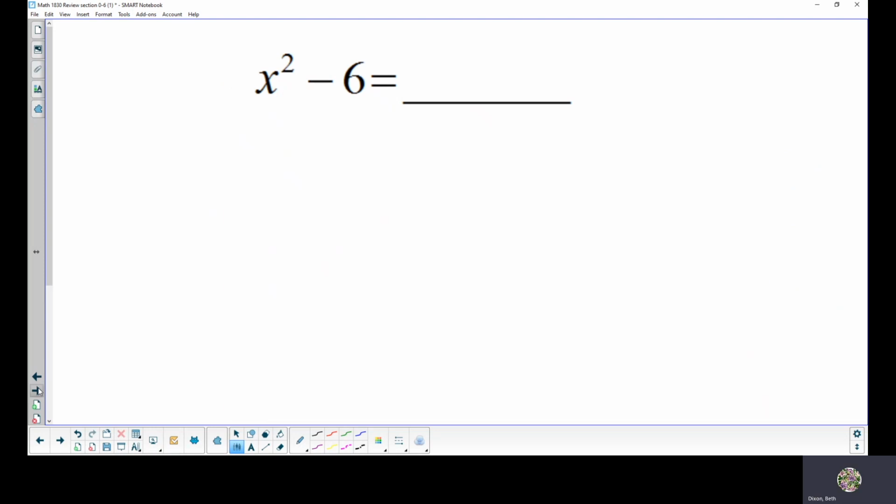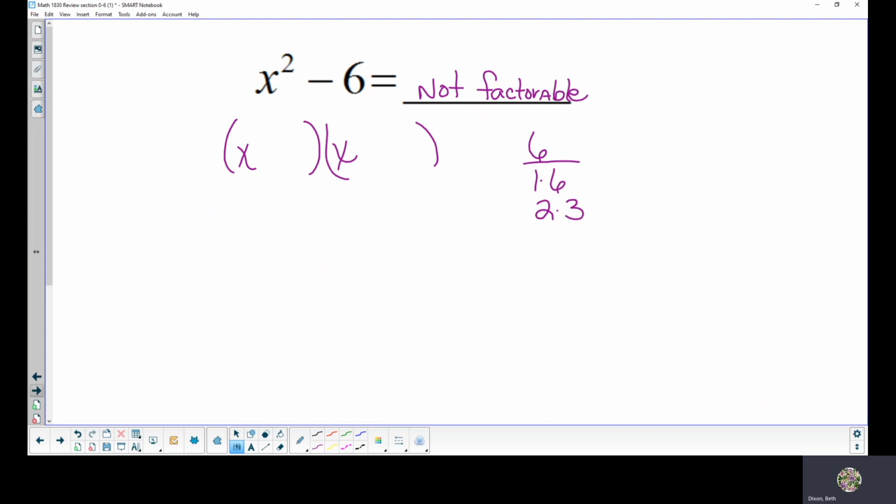Next, we have x squared minus 6. There is not a common factor, and 6 is not a perfect square. So this is not factorable. If I write in parentheses x and x, the only things that multiply to be 6 are 1 and 6, and 2 and 3. 2 and 3 look like they would work.